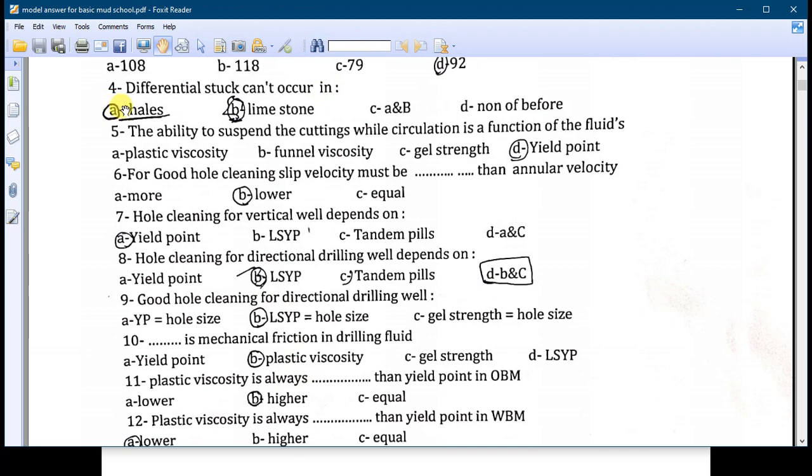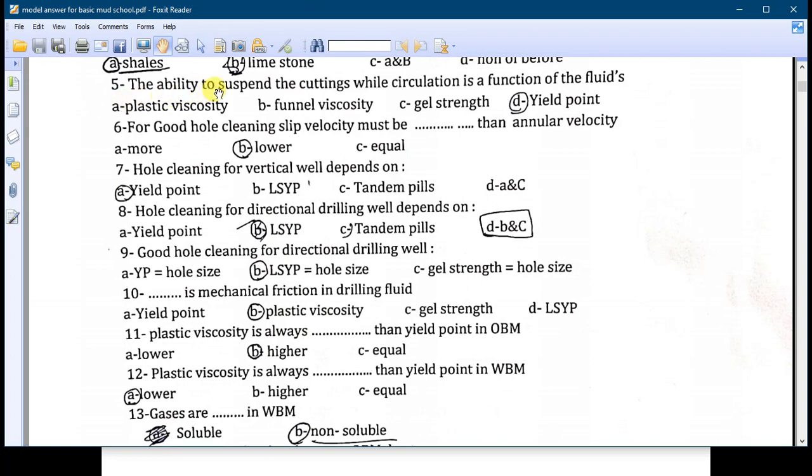Because differential sticking needs a permeable zone, a thick filter cake, an overbalance, and filtrate. So it needs a permeable zone, and the permeable zone is the limestone. It cannot happen in the shale because the shale is a non-permeable zone.